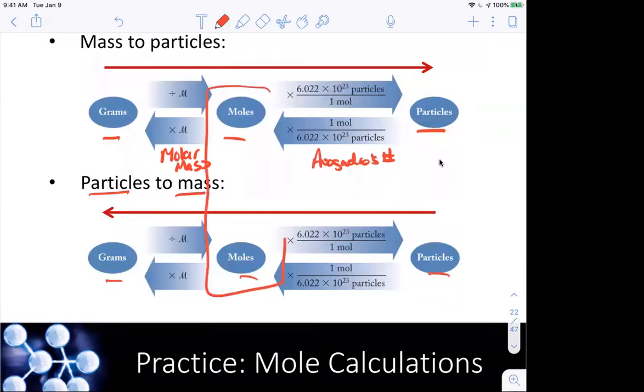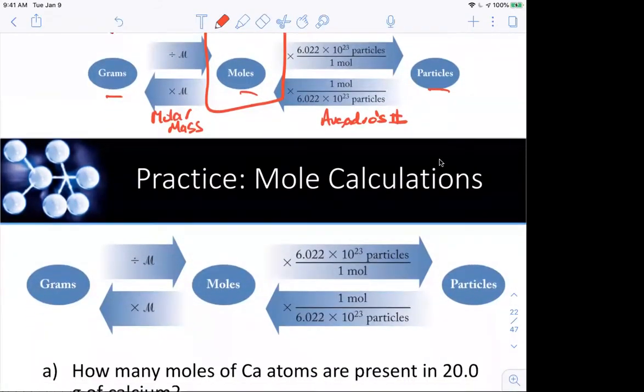Everything goes through the moles. I cannot go from grams to number of particles directly. I'm going to use the molar mass as a conversion factor, and I'm going to use Avogadro's number as a conversion factor as well.